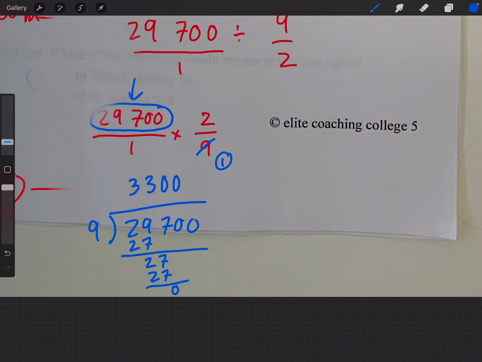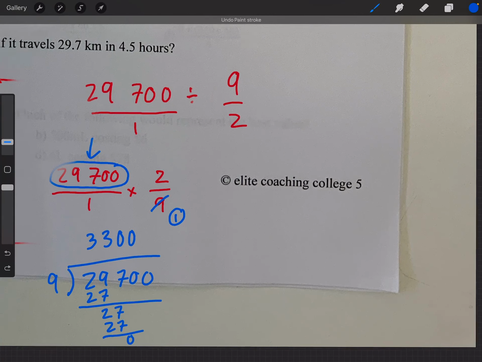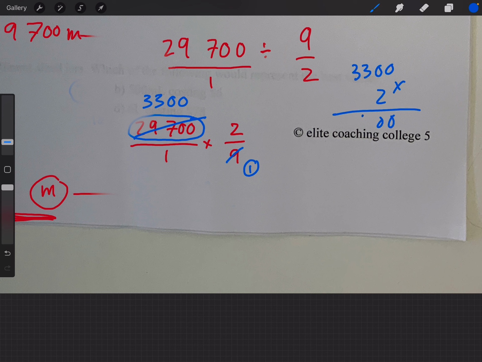There's 2 zeros, so this can be crossed out, and we said the answer was 3300. So now we just multiply that by 2. 2 times 3300 gives 6600, over 1, which is just 6600.